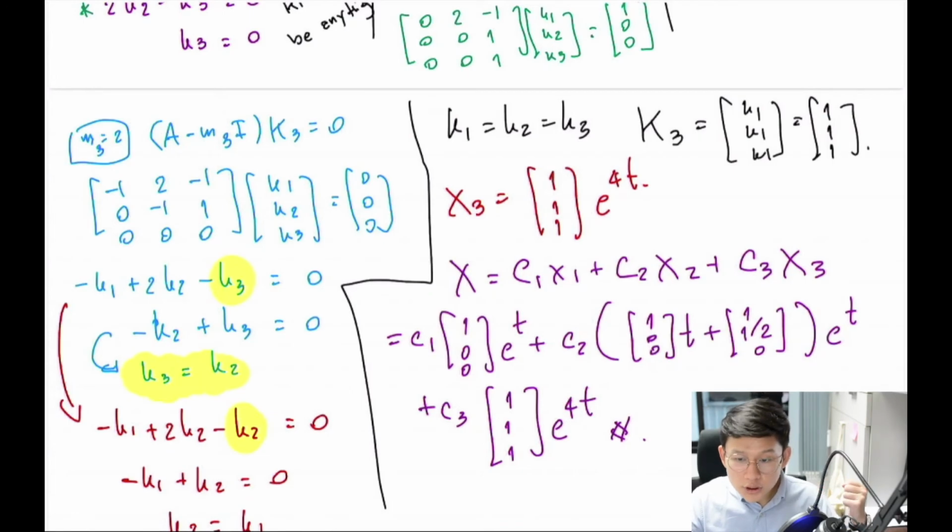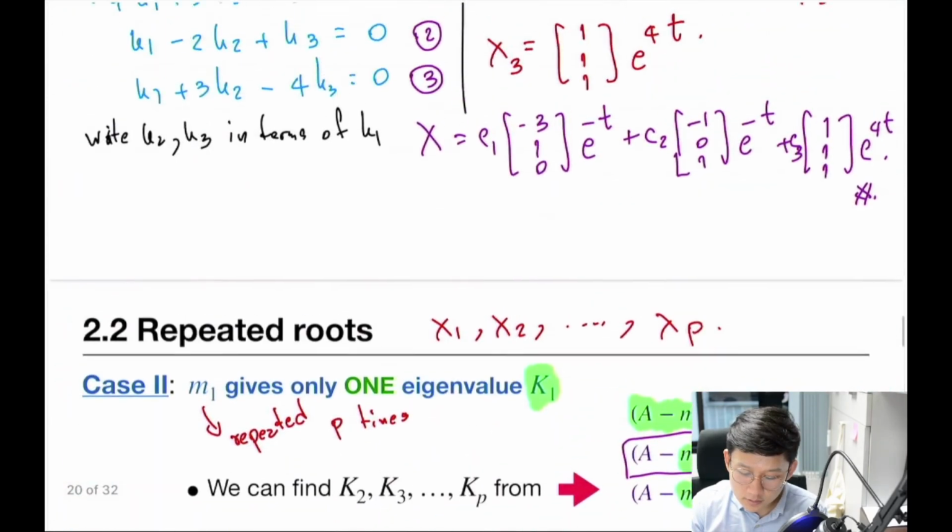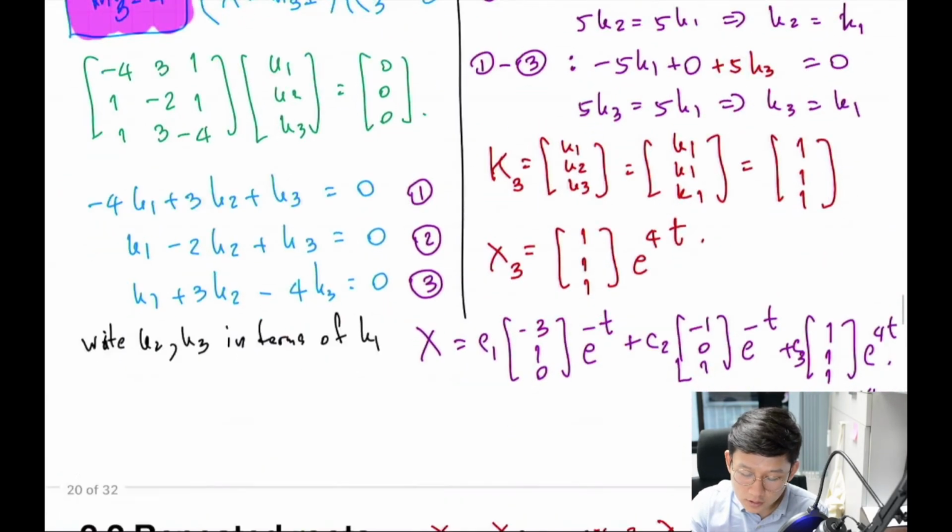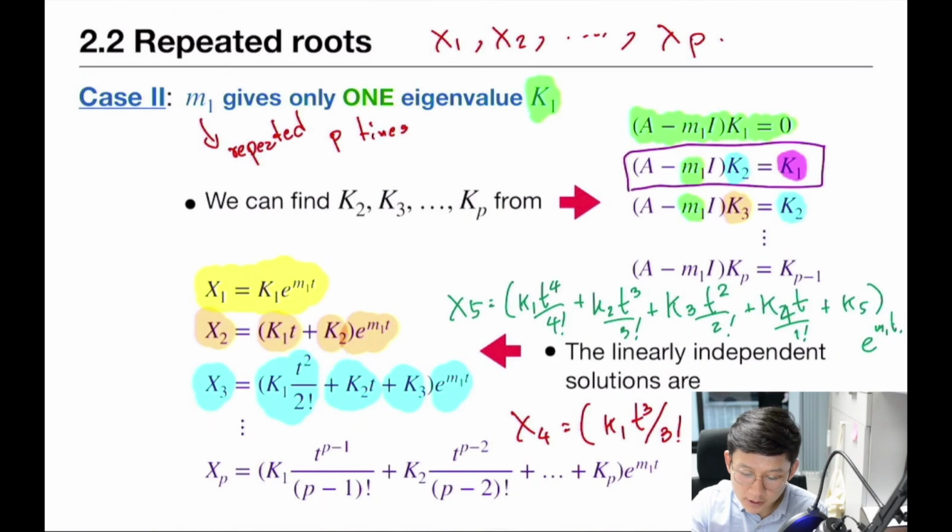If the roots are repeated and one m can give you only one k, it means that you can write k2, k3 in terms of k1, or you can solve for the values of k2 and k3. So if you have only one k, you need to somehow put k1 on the right hand side instead of 0.